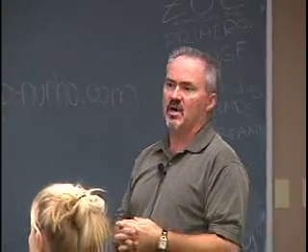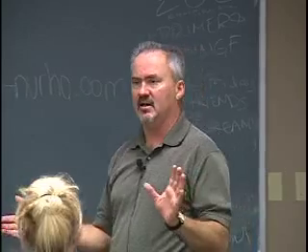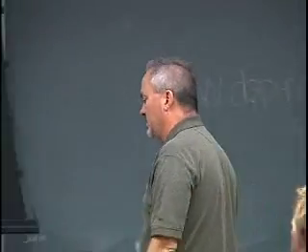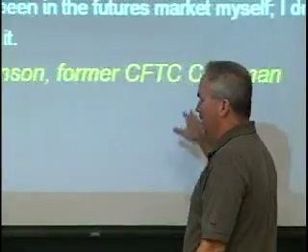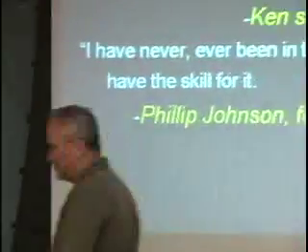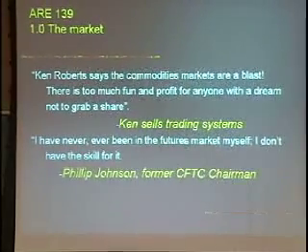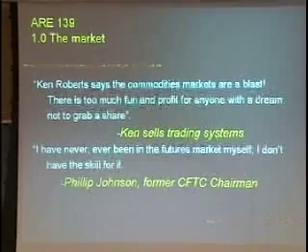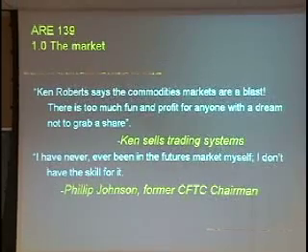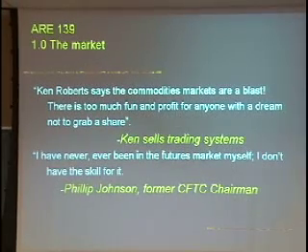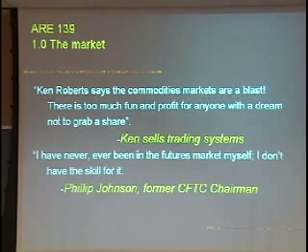And according to Ken Roberts, anybody can make a fortune trading futures and options markets. And then we have a quote from another gentleman who has written several books on the regulatory side of futures and options markets, and he never trades. The reason he doesn't trade is he believes that the markets are too efficient.